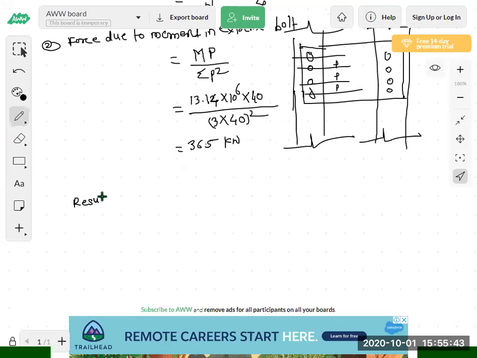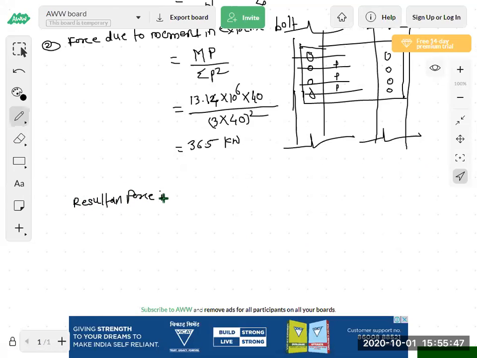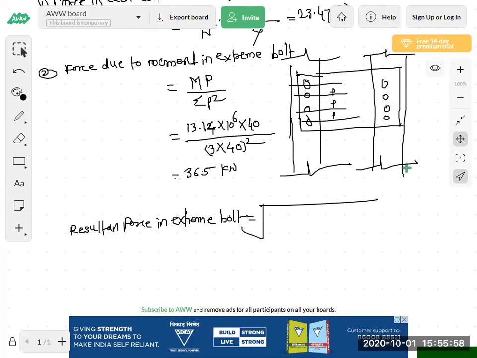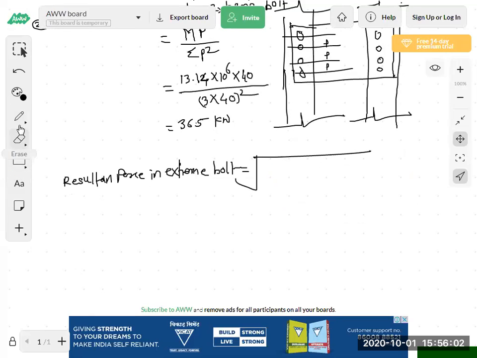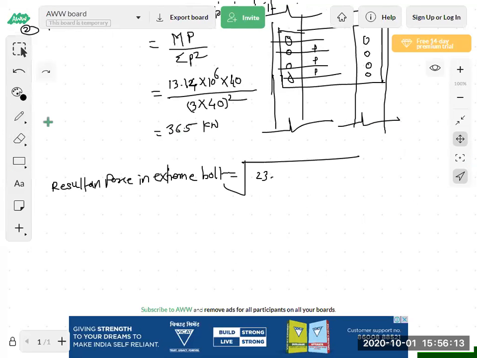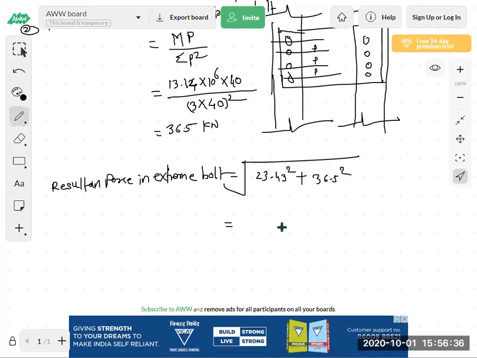Resultant force in extreme bolt is equal to the square root of 23.47 square plus 36.5 square. Calculate this. 43.39.